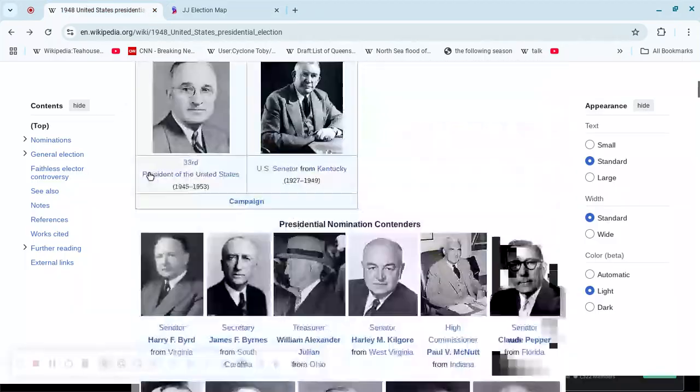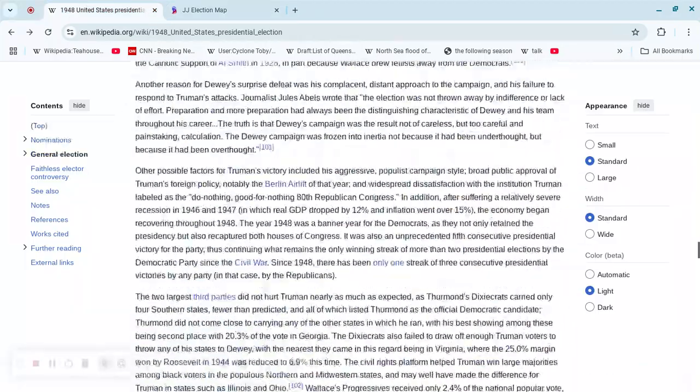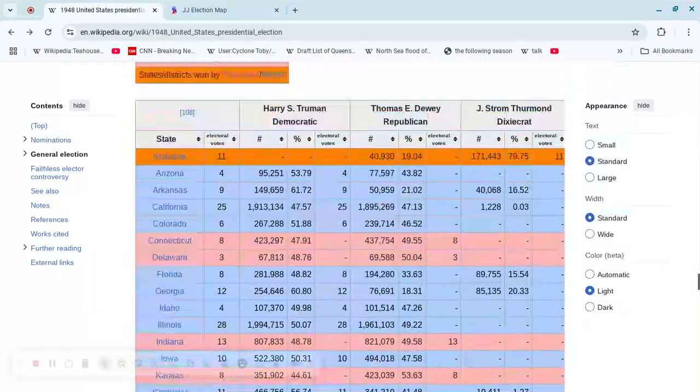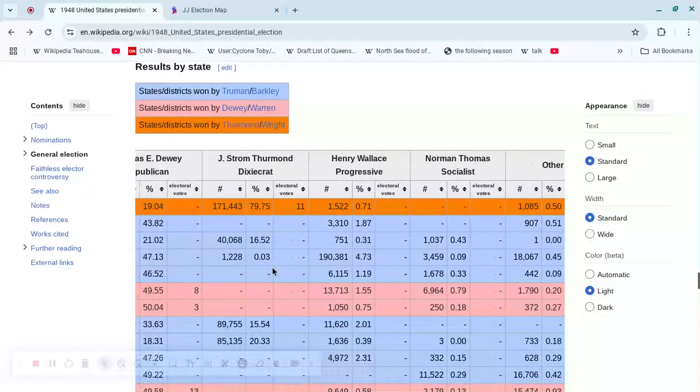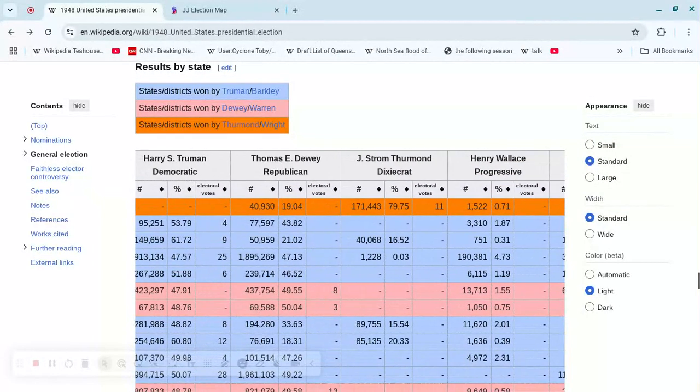This will be a more complicated analysis, seeing as now I actually want to go to the Wikipedia table, because now there's a bunch of states that we have to consider.